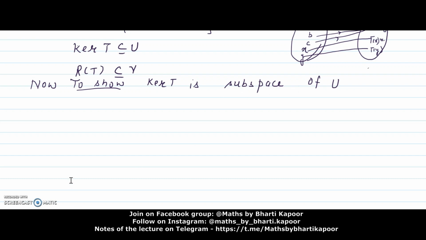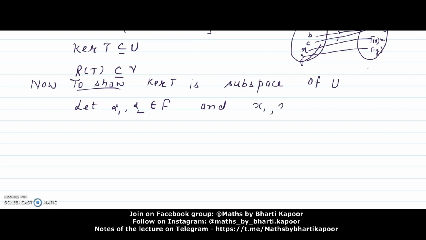For that, let's take scalars alpha 1 say and alpha 2 in the field of scalars F, and let's take two elements in kernel T because we want that kernel T is subspace, so we will take two elements in kernel T only.